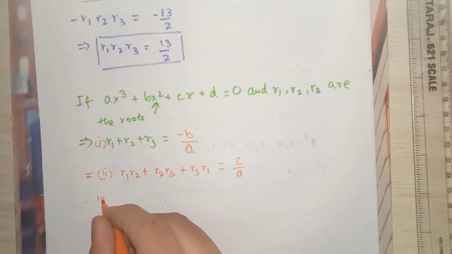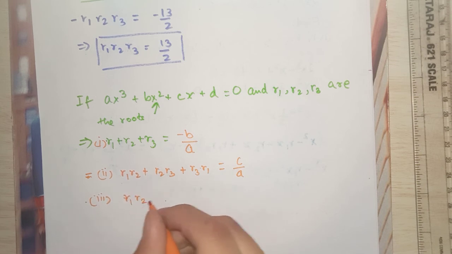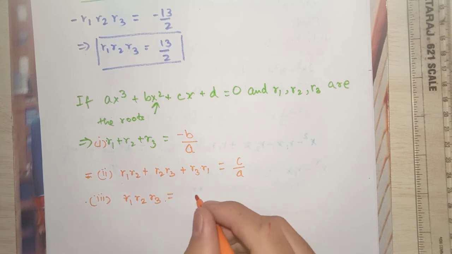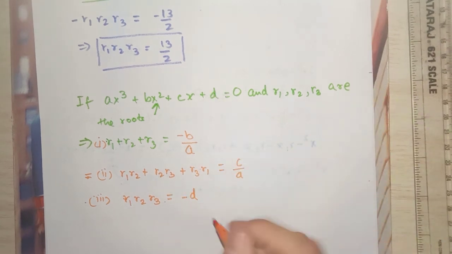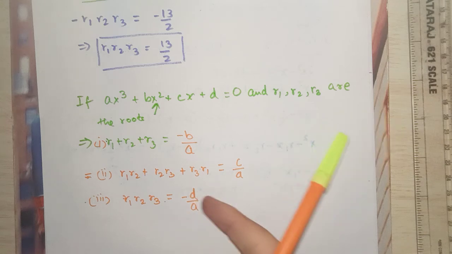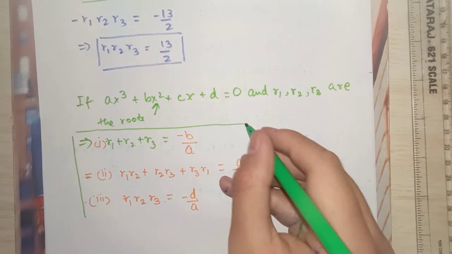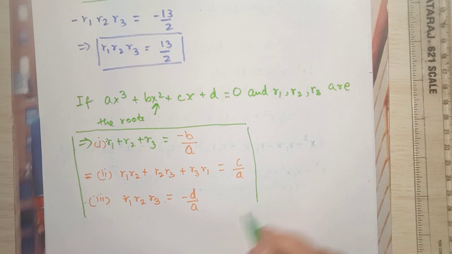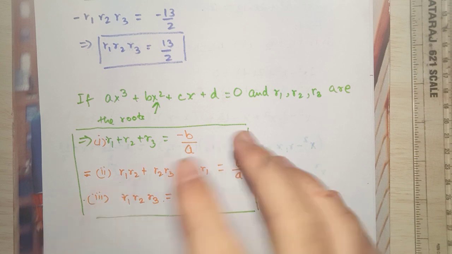And third, the product of roots r1 r2 r3 would be the negative of the constant term divided by a, the coefficient of the x cubed term. Those are the Vieta's formulas for a third degree polynomial, which I believe will come very handy when solving the original problem.